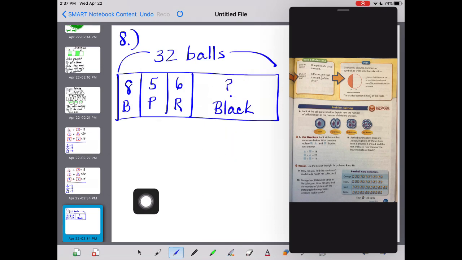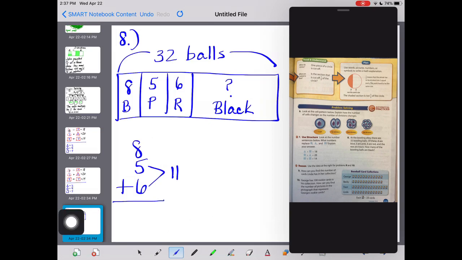So the other way, I'm looking at this saying, okay, what if I add all this together and then subtract that amount from the 32? That will give me the remaining amount. So what's 8 plus 5 plus 6? All right, I know that 6 plus 5 is 11.